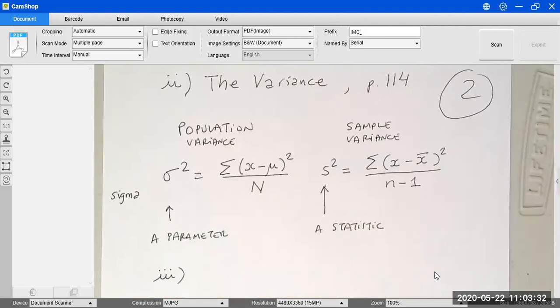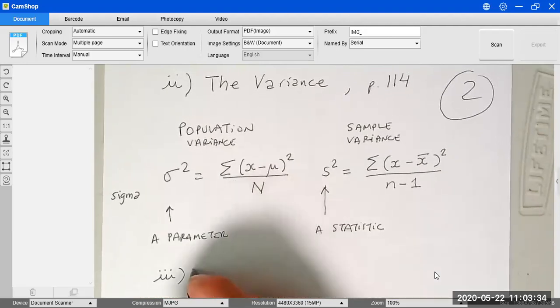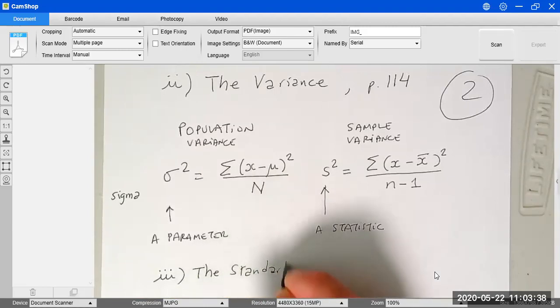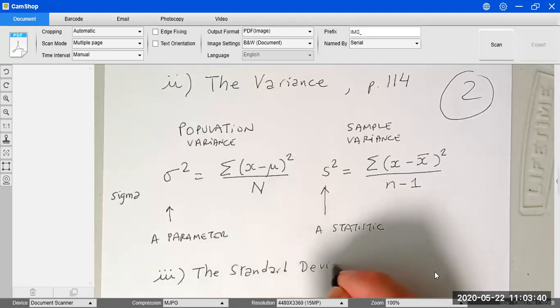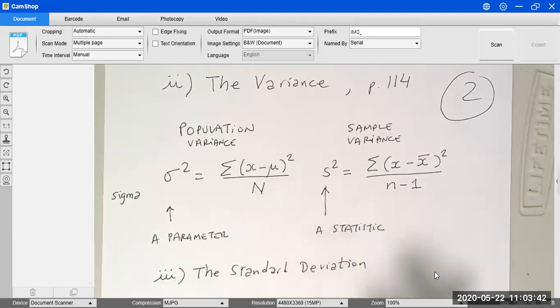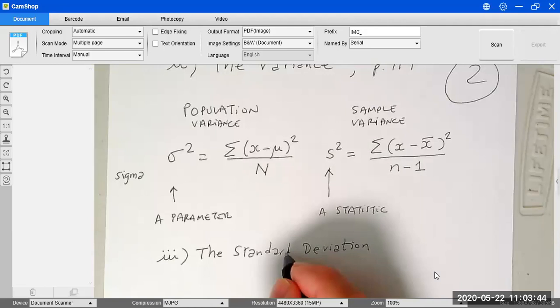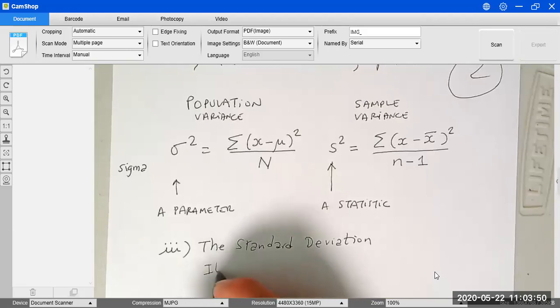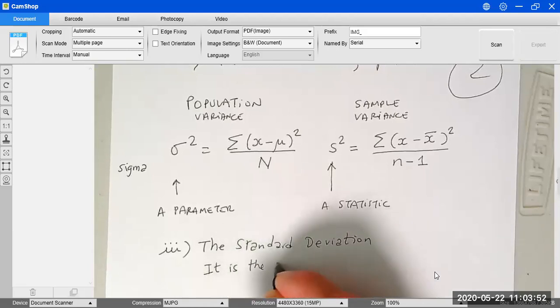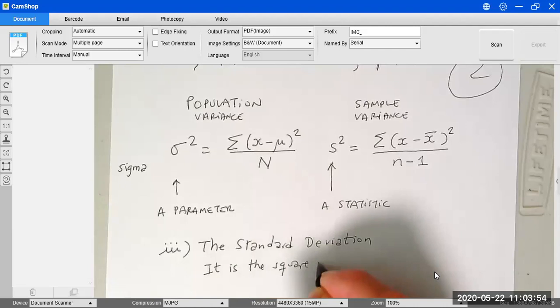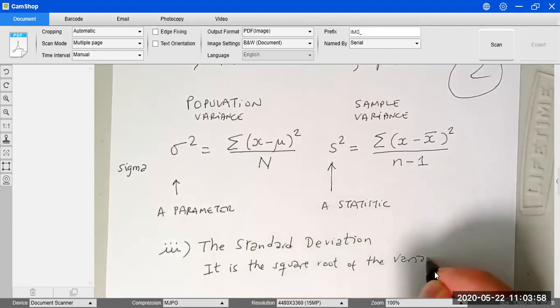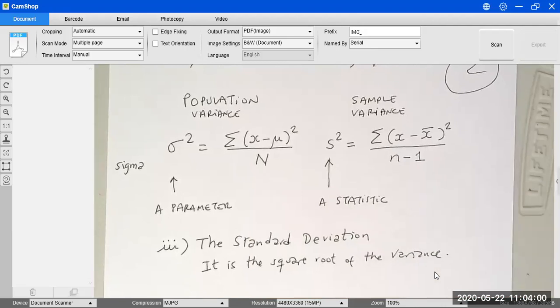The other measure of spread is the standard deviation. The standard deviation is, by definition, the square root of the variance. That's the reason I wanted to show you that.